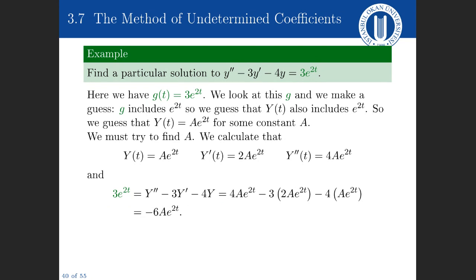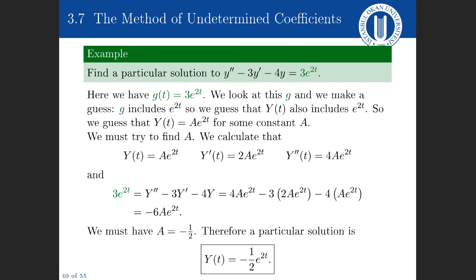And of course, these must be the same. 3 must be the same as minus 6A. So we need to have capital A as minus a half. And then we're done. Therefore, a particular solution is minus a half e to the power 2t. Look at the function g(t), make a guess which is of the same form, find all of the constants, and then we're done.